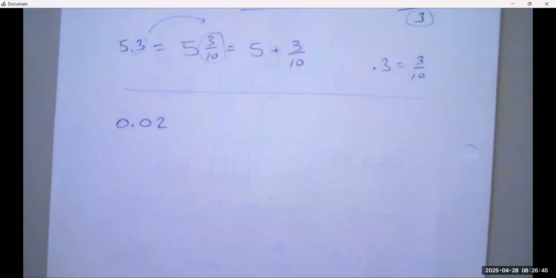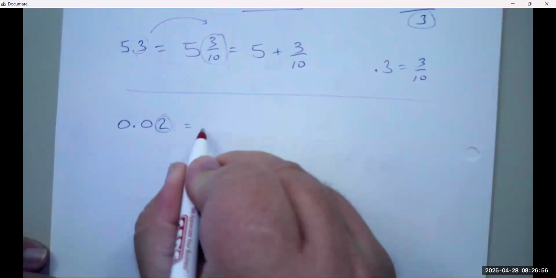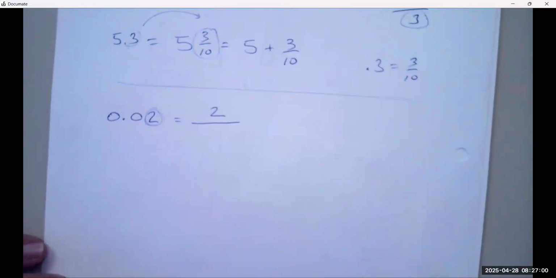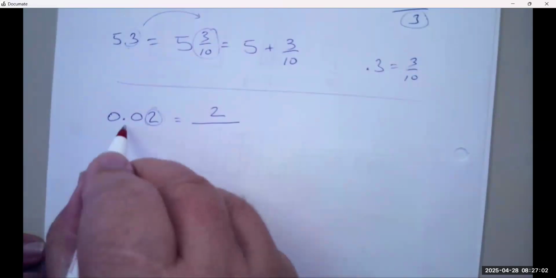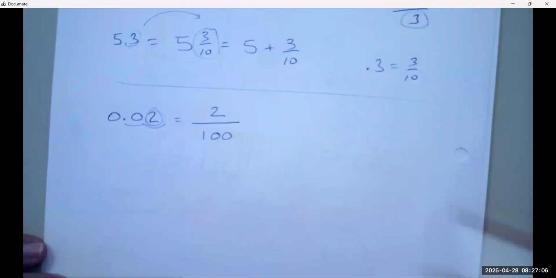How about 0.02? How would you do this with them? So there's the non-zero number. How many spaces do we move to get rid of the decimal? Twice. 1, 2. So that means we have to have 2 zeros on the bottom.